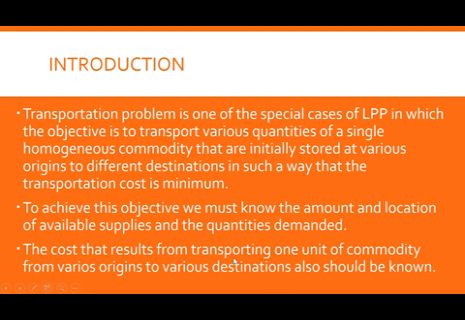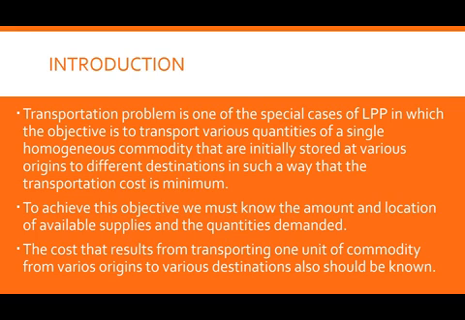So the cost that results from transporting one unit of commodity from various origins to various destinations also should be known. So from each source to each destination, if I am transporting one unit of the commodity, how much cost will be incurred? This should be known to us. Only then we will be able to find out the least cost transportation between the sources and the destinations.